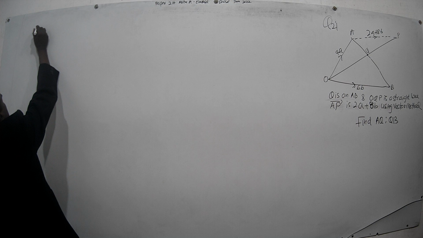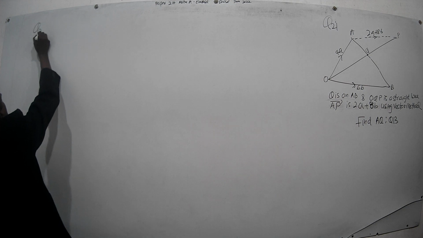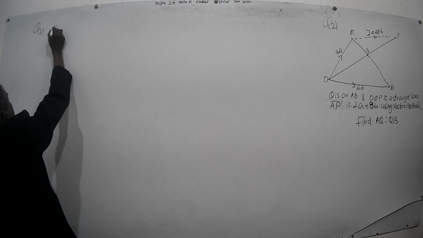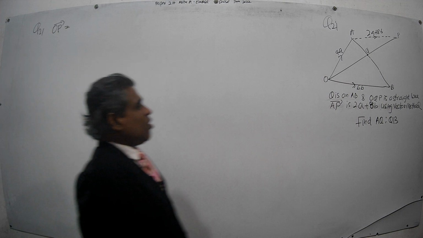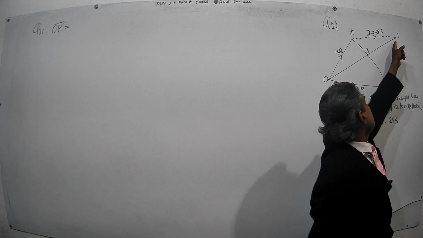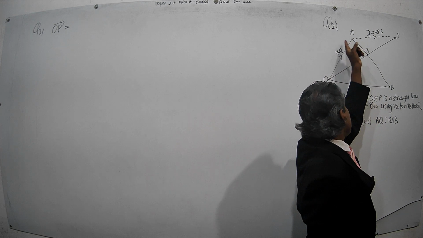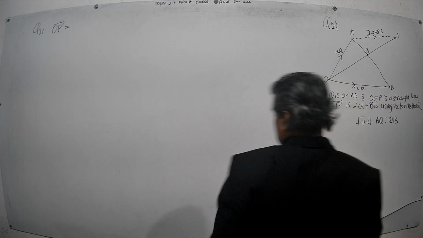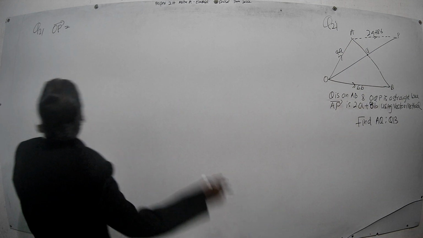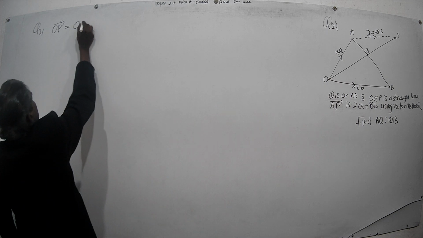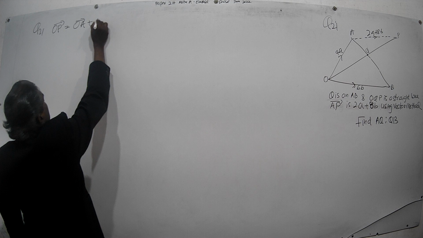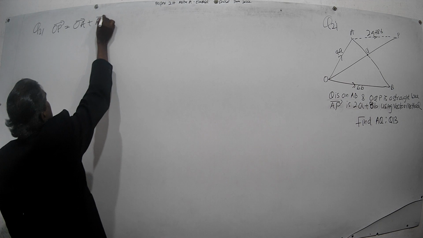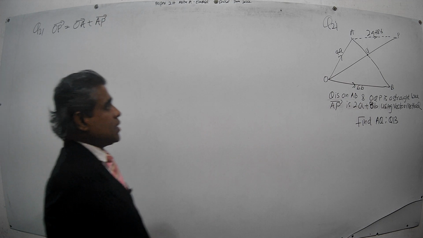This is question Q21. Vector OP equals vector OA plus vector AP.